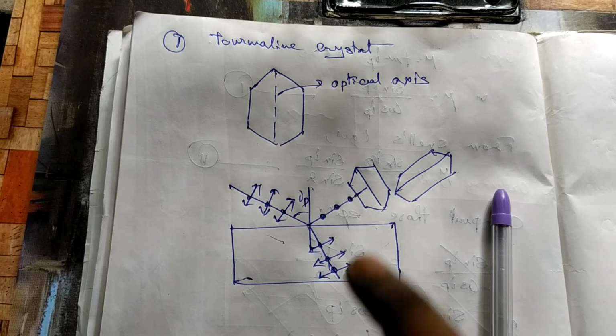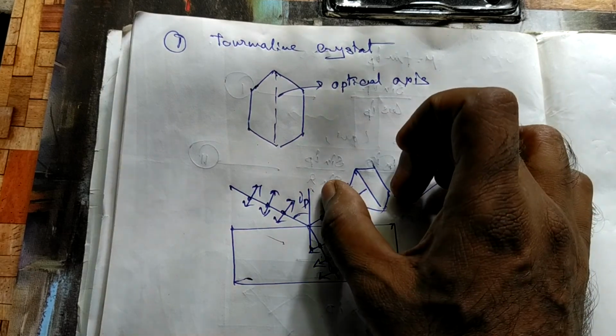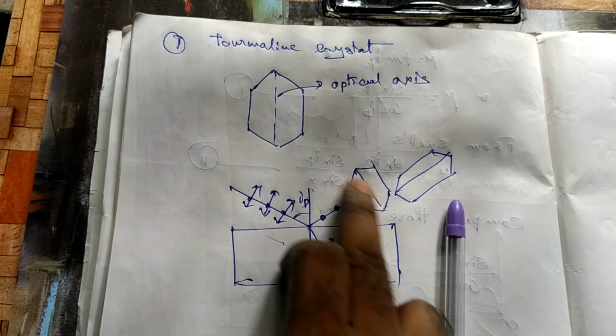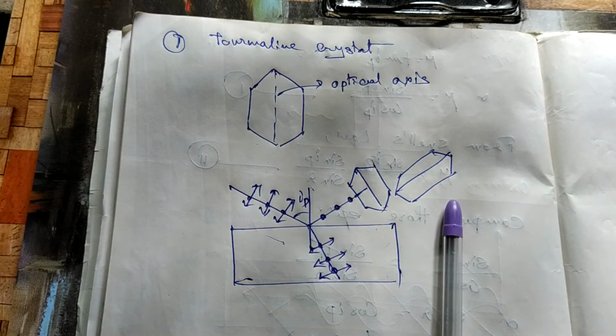But when we put this crystal perpendicular to the plane of vibration, then we cannot get any light. So through this method we can easily prove whether the light after the reflection has become polarized or unpolarized. Okay, so that is one process.